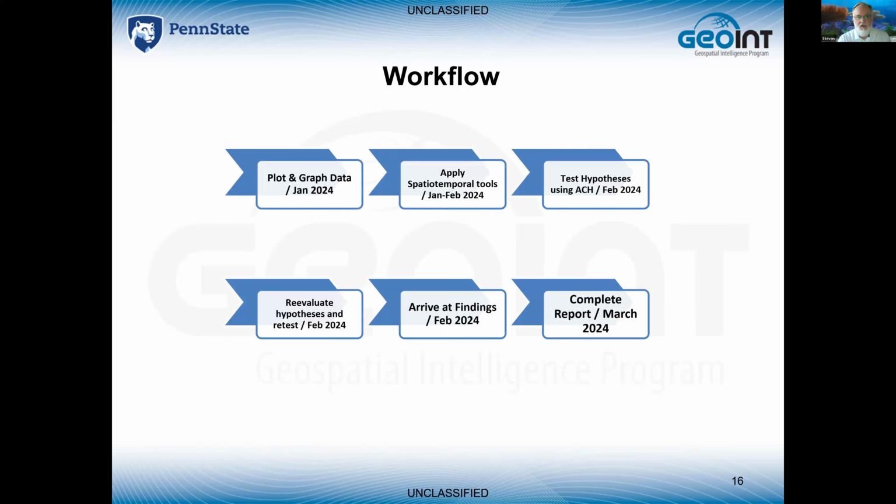All right, now just a quick look at my workflow, assuming it starts next semester, of course. That will be in January. I'll start by plotting and graphing the data, if not before that date. I'll apply spatial temporal tools after that. I'll test the hypotheses using ACH as mentioned.